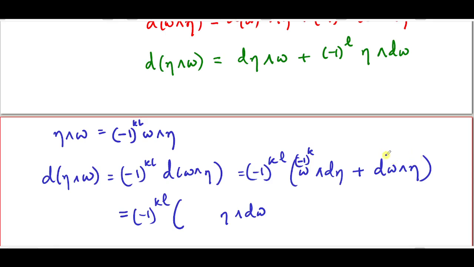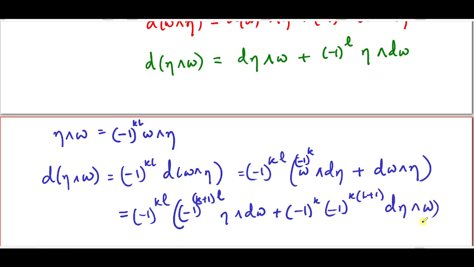They are k plus 1 and l forms respectively. So the factor you will get here is minus 1 to the k plus 1 into l. And what about this? Here you want to switch these two back, and these are a k form and an l plus 1 form respectively. So you get minus 1 to the power k into l plus 1 times eta wedge omega.